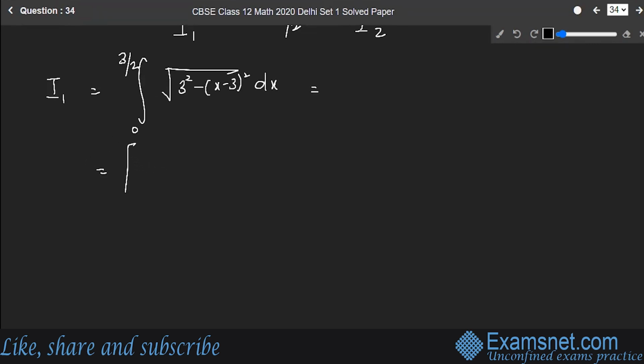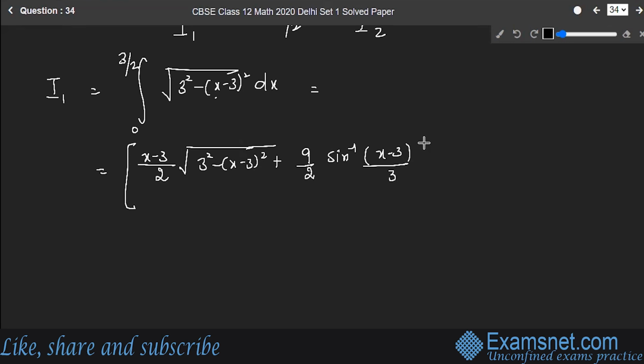So this will be equal to x upon 2, which is (x minus 3) in this case, upon 2, root of 3 square minus (x minus 3) square, plus 9 upon 2 sine inverse of (x minus 3) upon 3, the limits from 0 to 3 by 2.